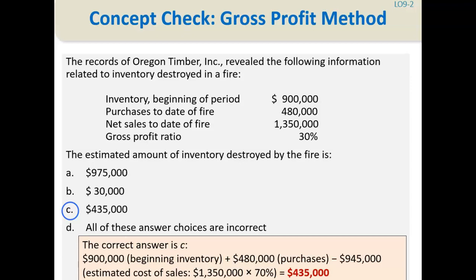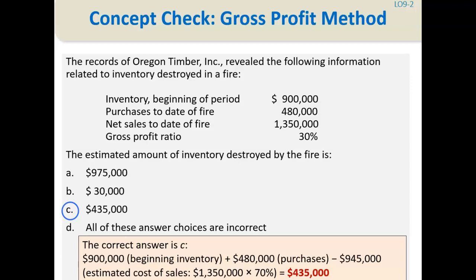Again, if the gross profit ratio is 30%, in other words, what's left over after all the cost of goods sold is 30%, then cost of goods sold had to have been 70%. So the $1,350,000 in sales times 70%, the cost of goods sold percentage, equals estimated cost of goods sold of $945,000. Subtract that from goods available for sale, and you have calculated your estimated ending inventory destroyed by fire of $435,000.